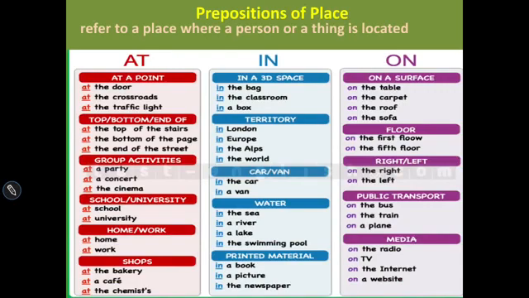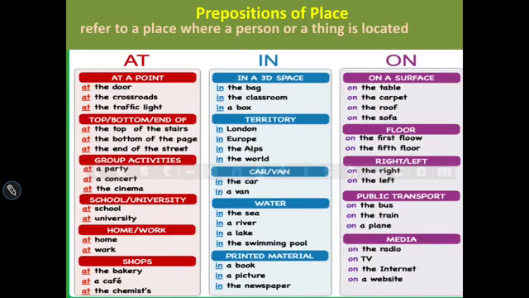At is used in different ways, such as for a particular point: at the door, at the crossroads, at the traffic light. Or it refers to the top, bottom, or end of a particular thing, like at the top of the stairs, at the bottom of the page, at the end of the street.